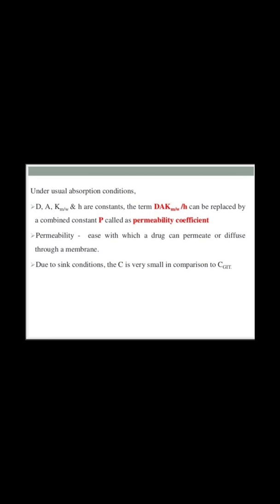Under usual absorption conditions, D, A, K, M, W and H are constant, and the term DAK MW by H can be replaced by a combined constant P, which is also called the permeability coefficient. So students, what is permeability? It is the ease with which a drug can permeate or diffuse through a membrane. Due to the sink conditions, this is very small in comparison to CGIT.